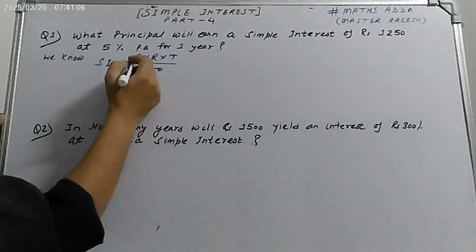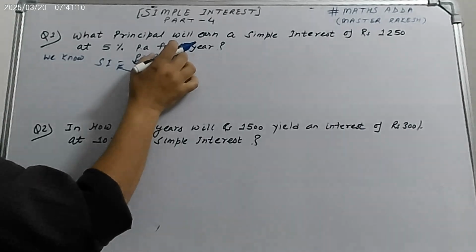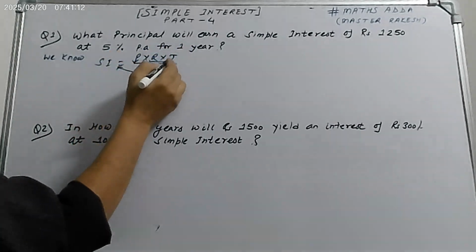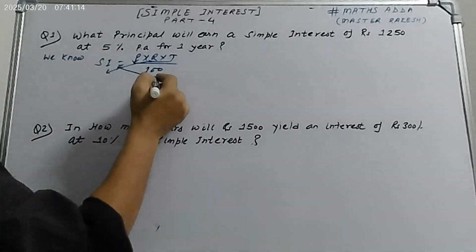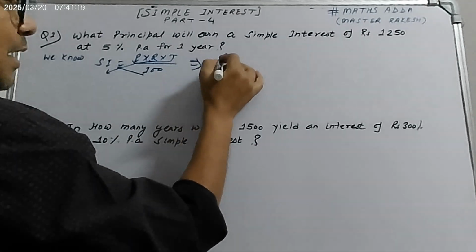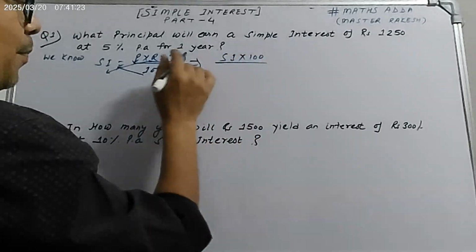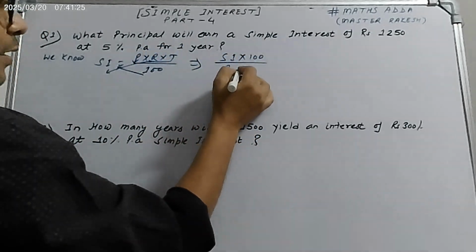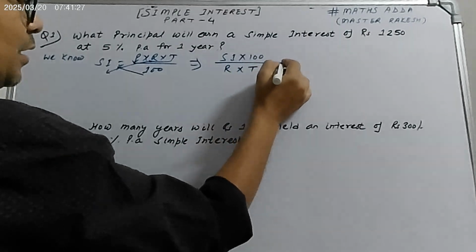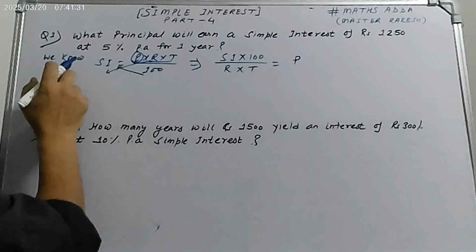So if you have to find out the P, 100 will go here and R and T will go here. So cross multiply. So the formula becomes SI into 100 upon R into T equal to P. P will be there, rest will come here.